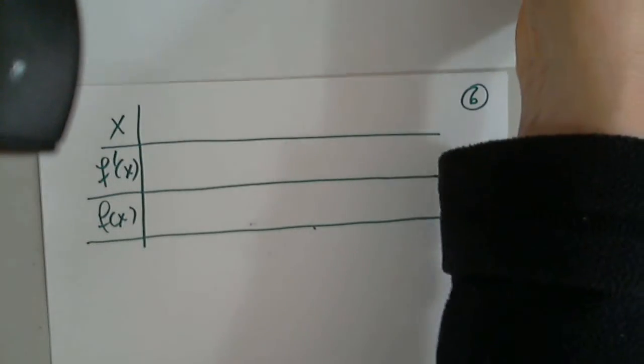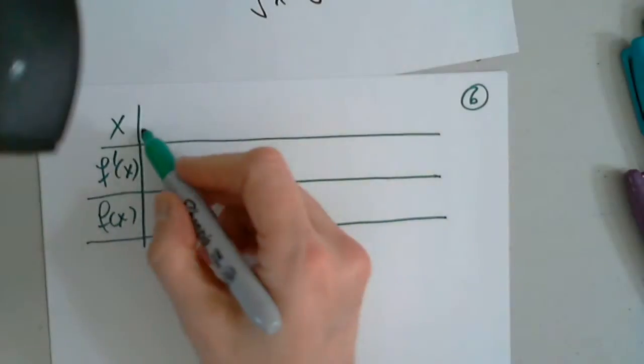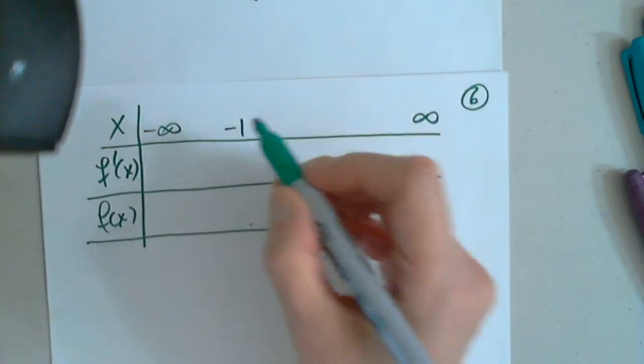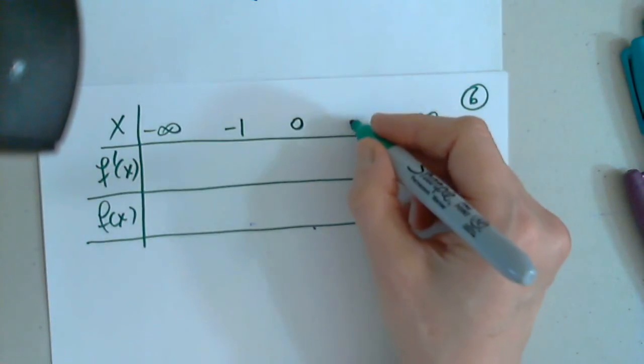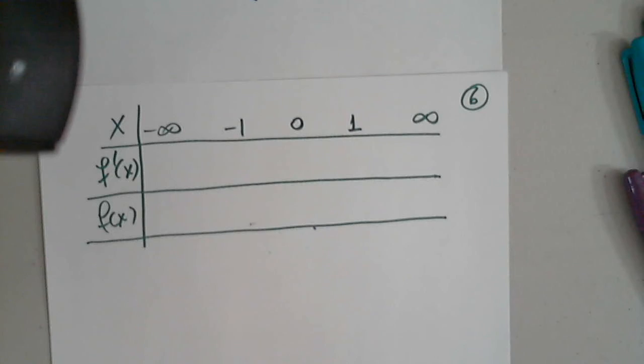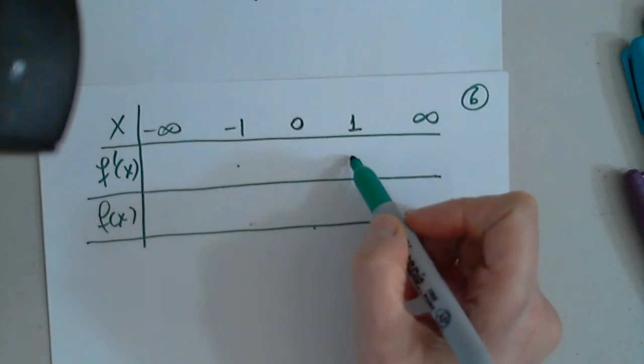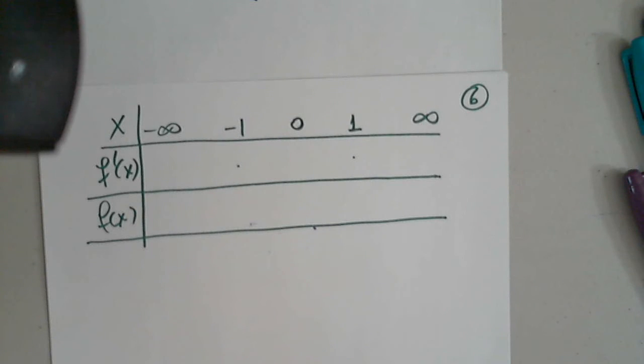Negative infinity to infinity. Right, it's a polynomial function, a nice polynomial function, no problem there. And we already have a -1. 0 has to be in the table at all times, even if the function is undefined at 0, which is not the case here. And tell me the values of the derivative at -1 and 1.